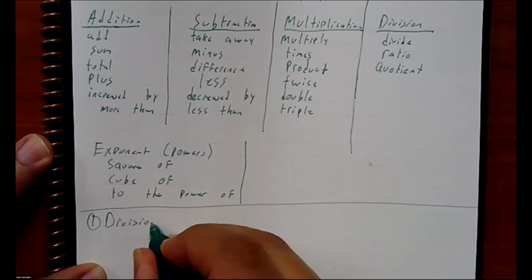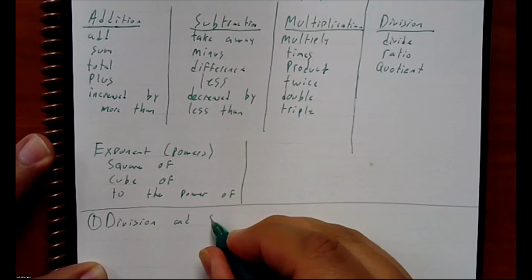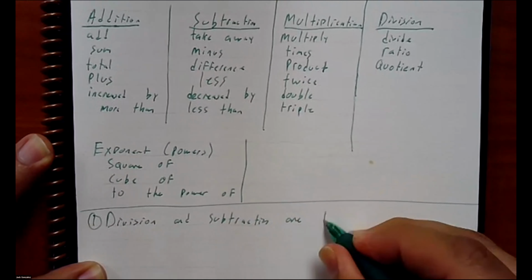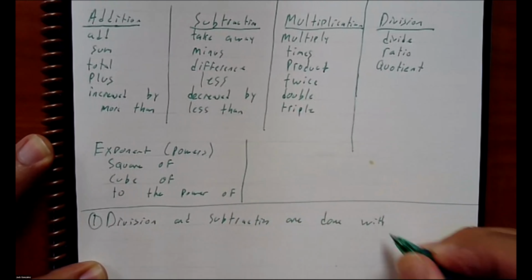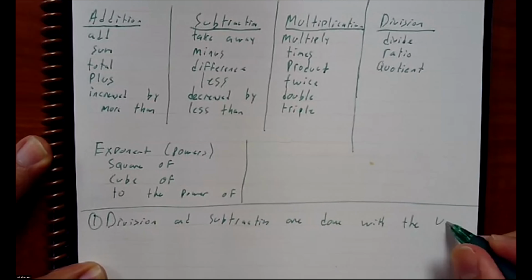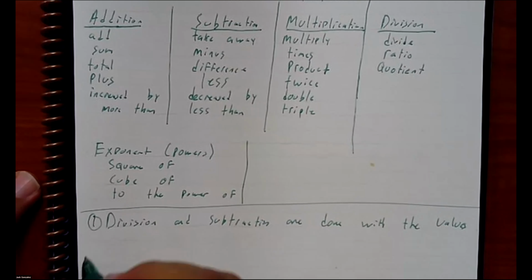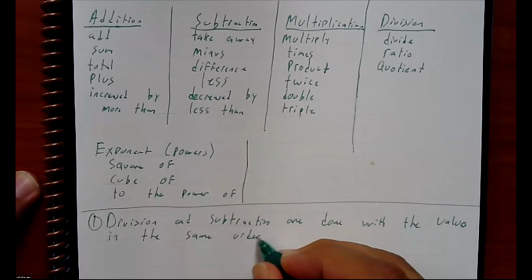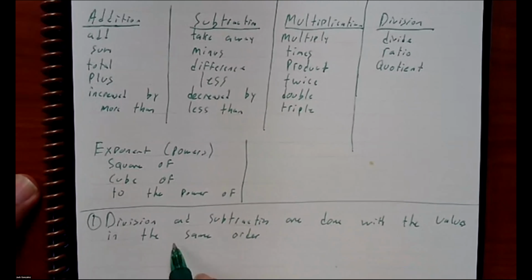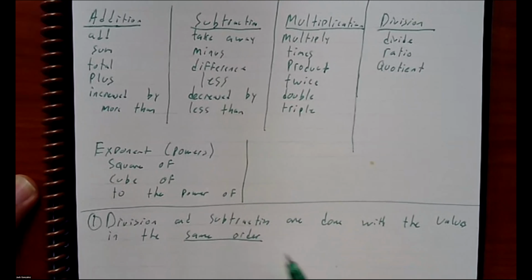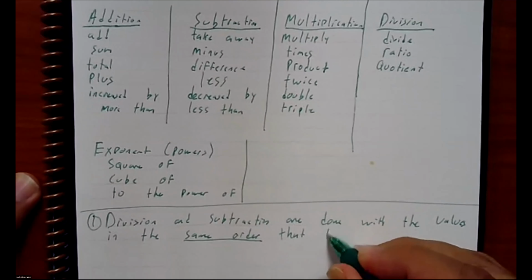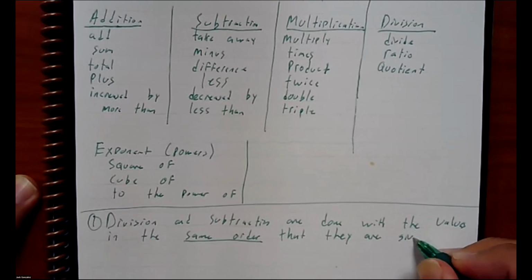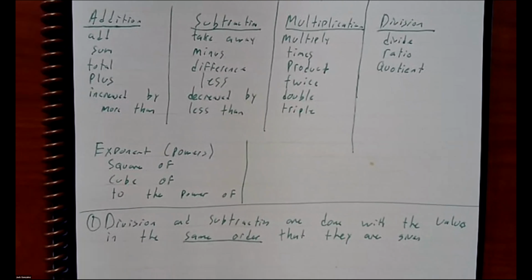Division and subtraction are done with the values in the same order that they are given in the problem, so however they're given, that's how you do it.